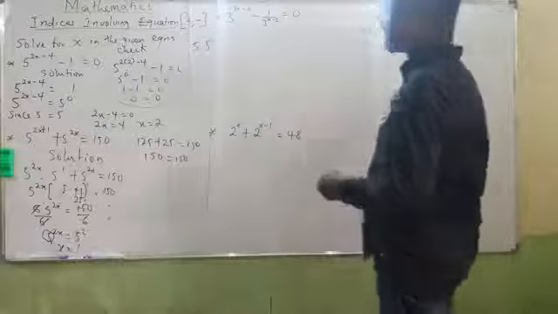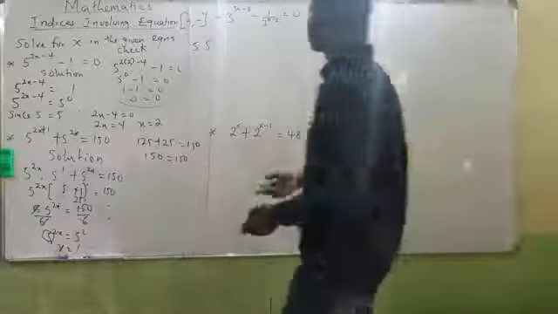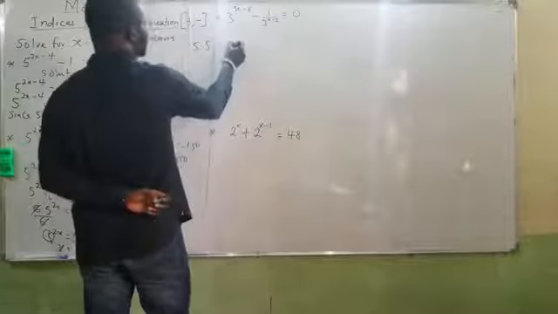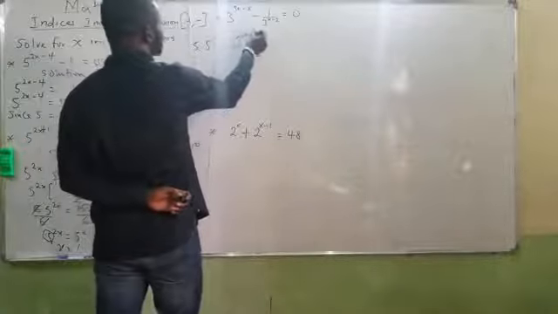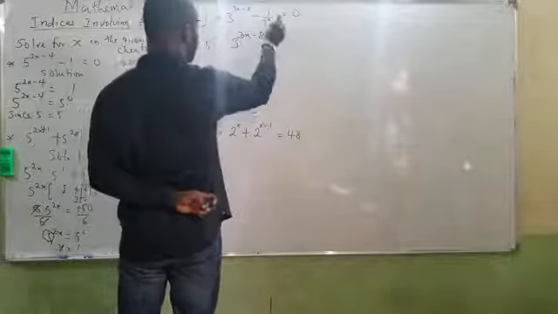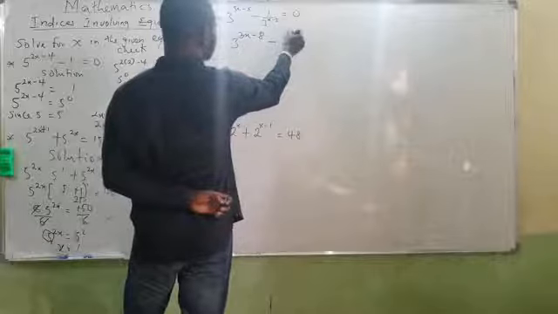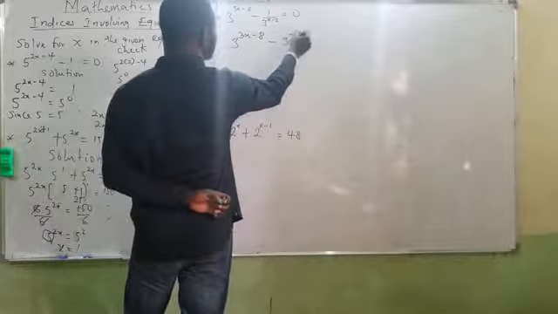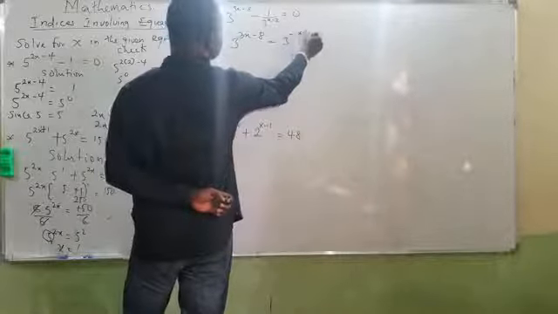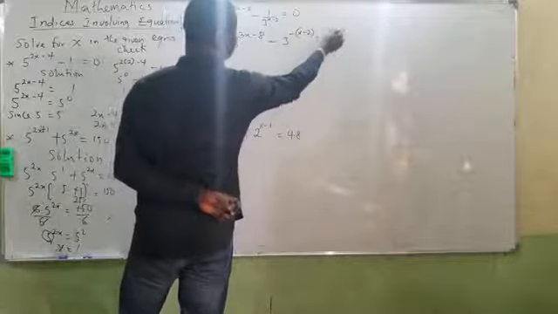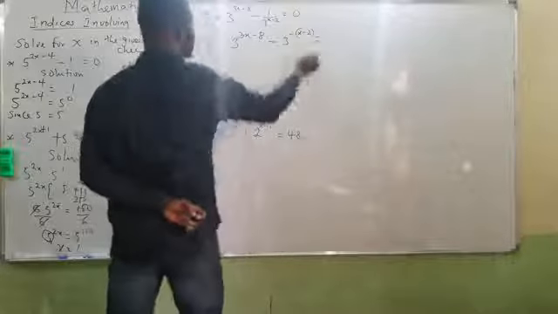This one is also a simple one, which I can turn as 3 raised to power 3x minus 8 minus 3 raised to power minus x minus 2 equals to 0.